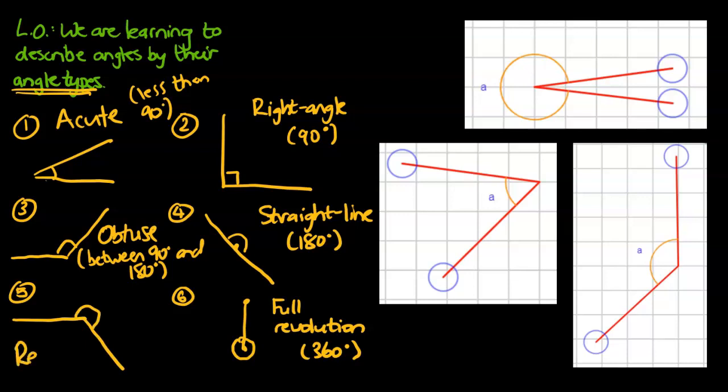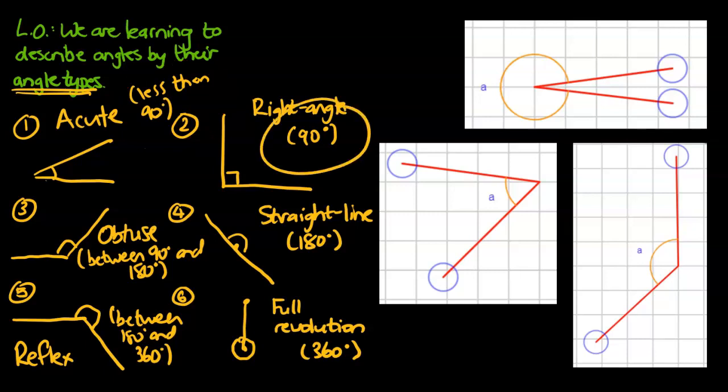That there is a reflex angle, and that is an angle that's between 180 degrees and 360 degrees. So hopefully you can see how the angle types build up. We've got less than 90, 90 exactly, between 90 and 180, then 180 exactly, then between 180 and 360, and 360 exactly. So these are the 6 angle types we need to be aware of.